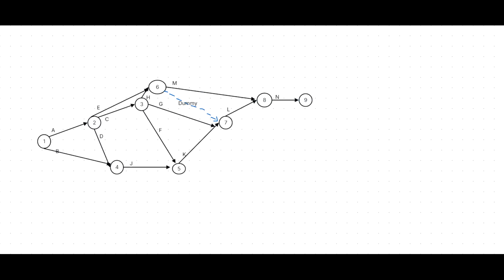Now enough example. Still, this example is not for your level. You're doing the masters. This example is for the beginners, how to draw the network diagram. Because if you draw the wrong diagram, no need to check the rest of the analysis, CPM or the PERT, everything is wrong.